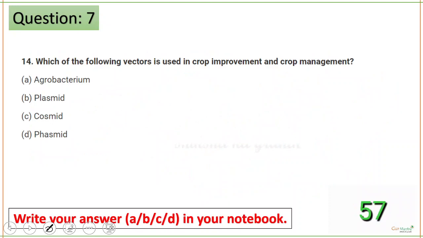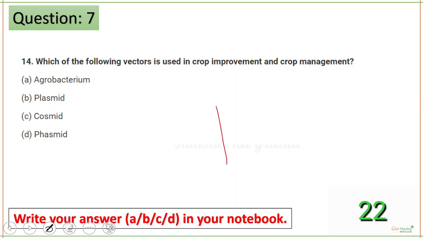Which of the following vectors is used in crop improvement and crop management? So you'll have to tell me what kind of vectors is used for the application in crop improvement and crop management. We have studied about this in detail. So I hope you guys remember it. At least use some common sense to figure out what kind of vectors we use in plant.